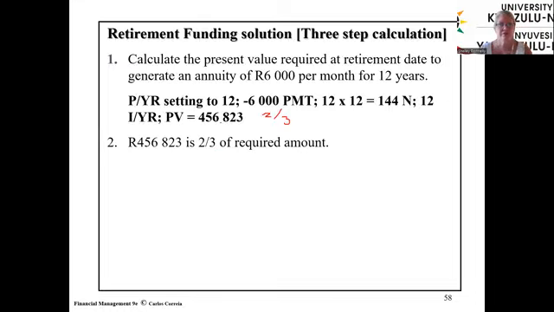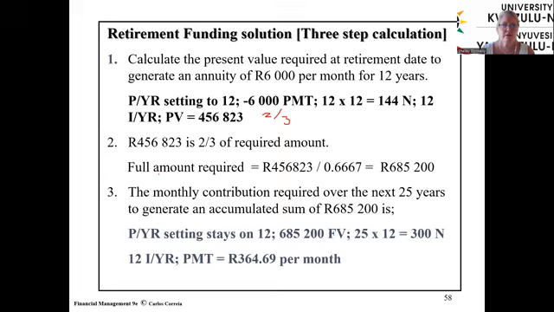So if 456,823 is 2/3 of the amount she needs, what is 3/3, or what is all of it? So the full amount that she requires, we'll just divide 456,823 by 2/3, which is the same as multiplying by 3/2.